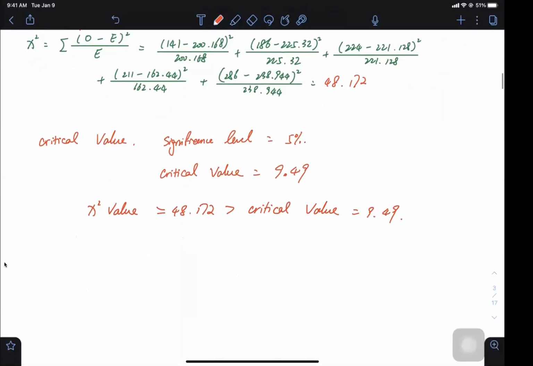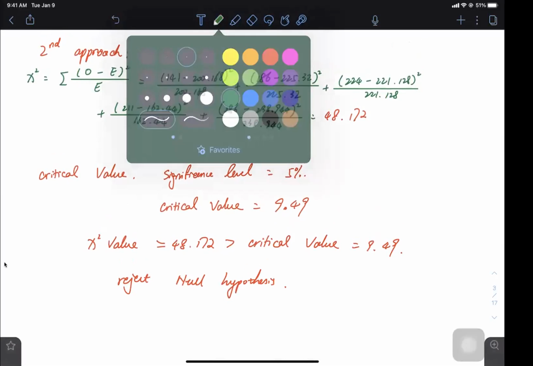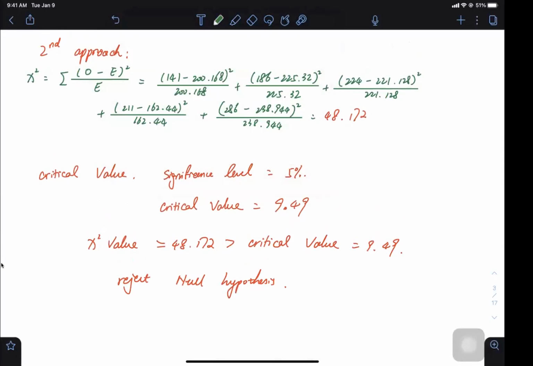So that's why we reject our null hypothesis. So this is another approach that you don't need to use your calculator to solve, just in case you don't have your calculator or you don't have a TI-84.